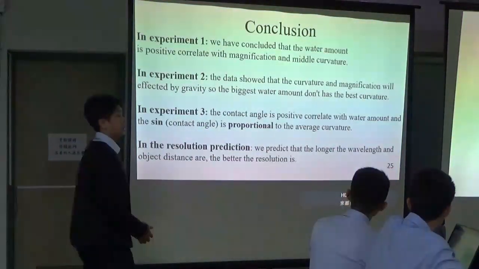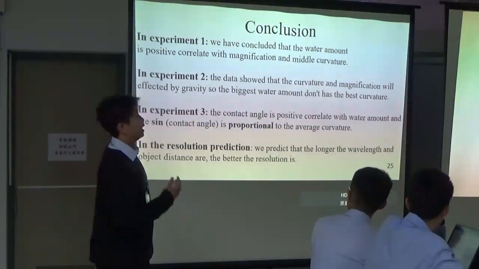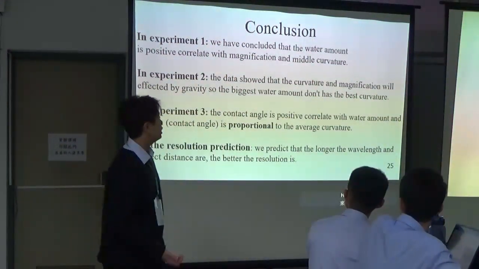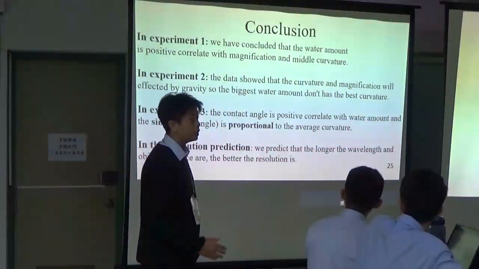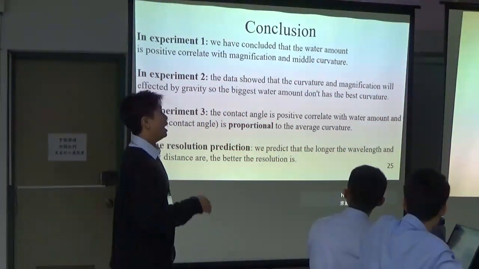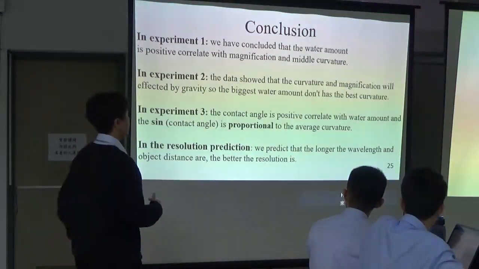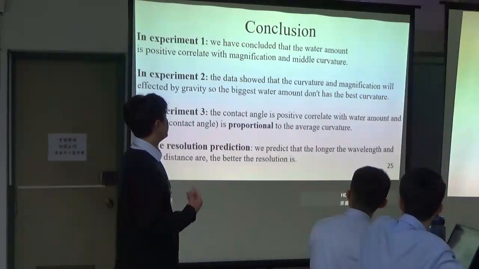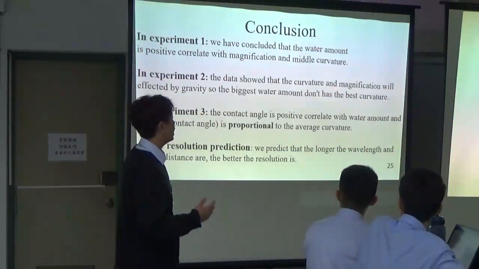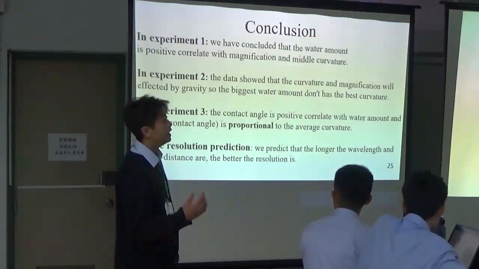Next. This is our conclusion. In experiment 1, we concluded that the water amount is positively correlated with the magnification and the middle curvature. In experiment 2, the data show the curvature and magnification are affected by gravity, so the biggest water amount dome has the best curvature and magnification.